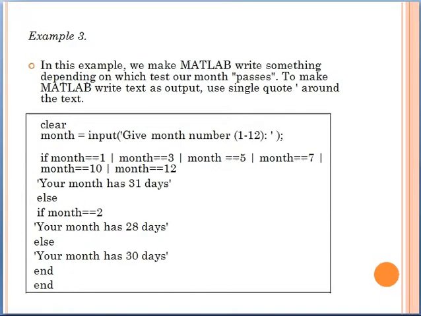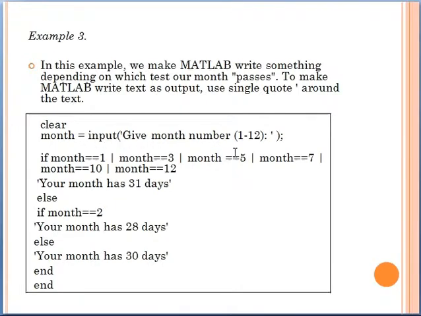Now the next example. In this example we make MATLAB write something depending on how many days a month has. To make MATLAB write text as output, use a single quote around the text. Let me explain the program. Here I am using the variable month for the month input.